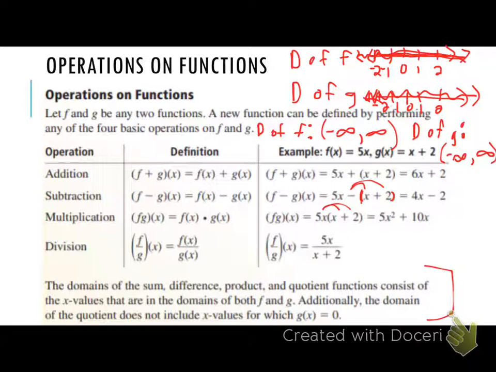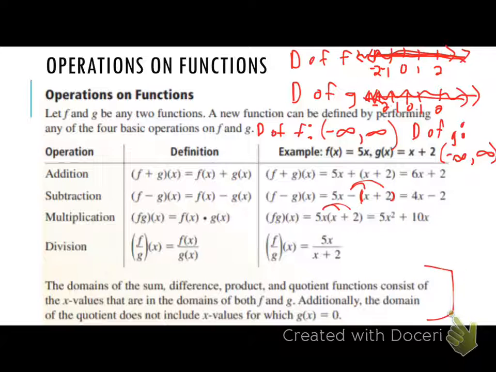So where are they overlapping? Well, what numbers are they overlapping on? All of them, right? If I took this graph and put it on top of this graph, they're overlapped everywhere because they're both covering all the numbers. So the domain is the overlap.